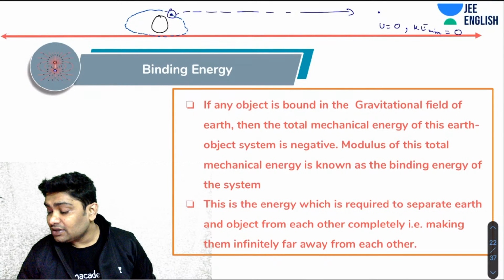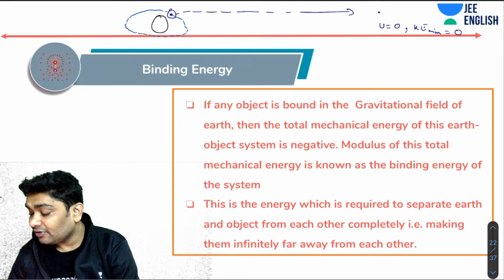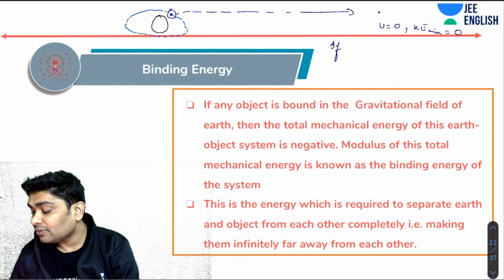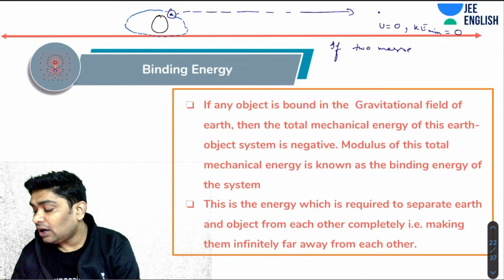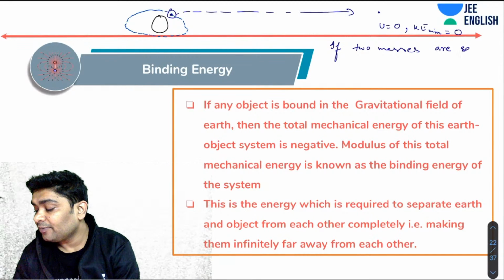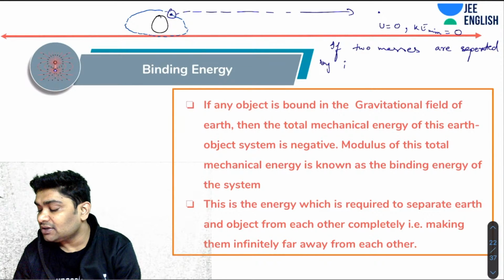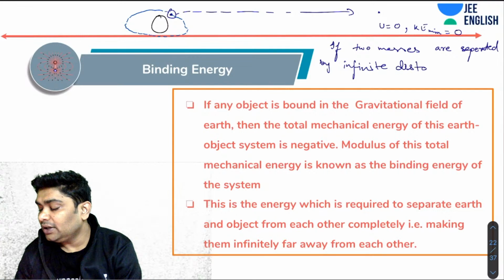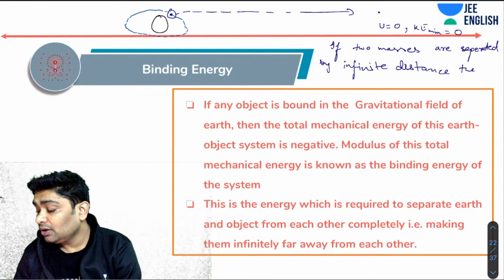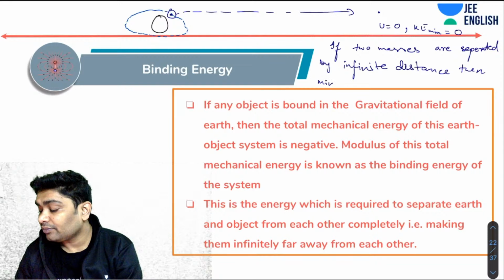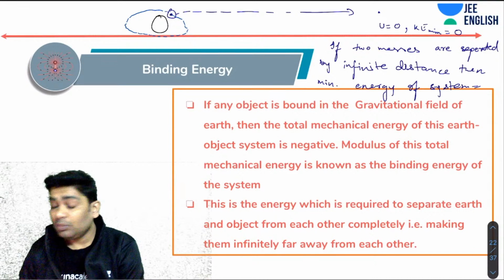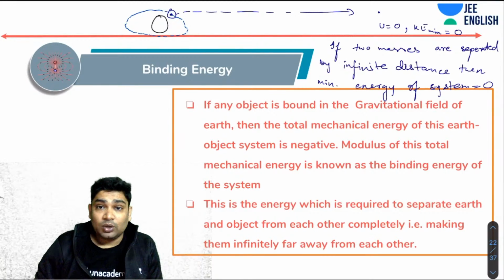So you realize that if two masses are separated by infinite distance, then the minimum energy of the system is 0. Minimum total mechanical energy of the system is 0.